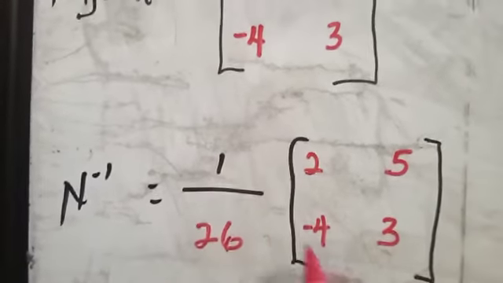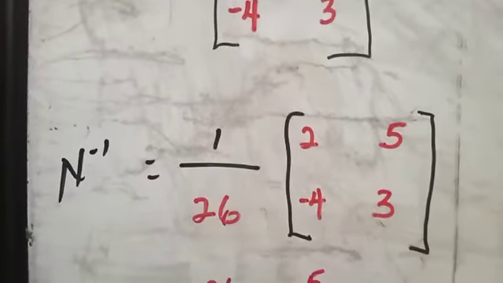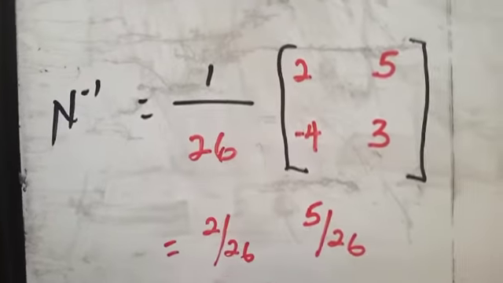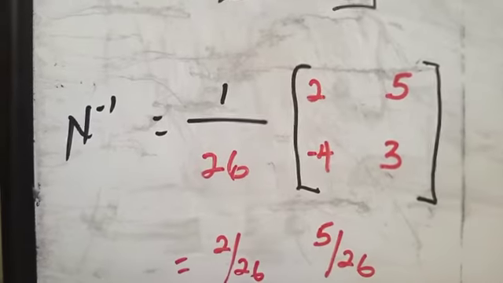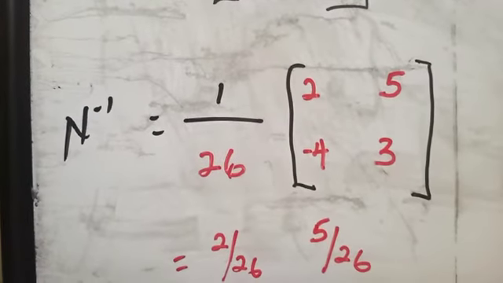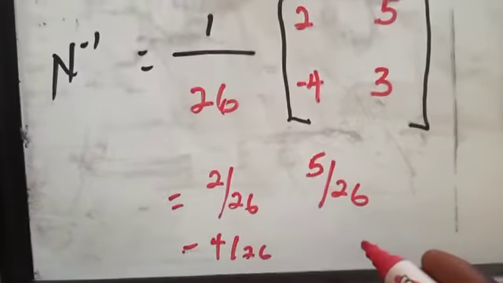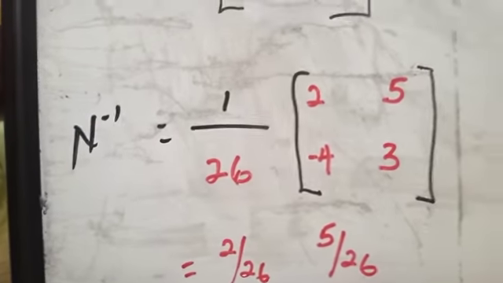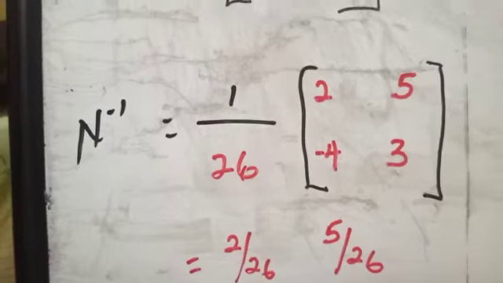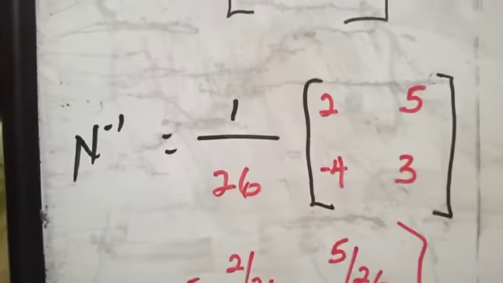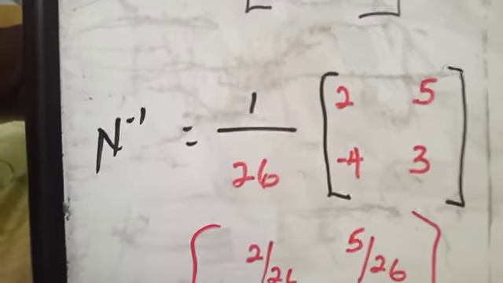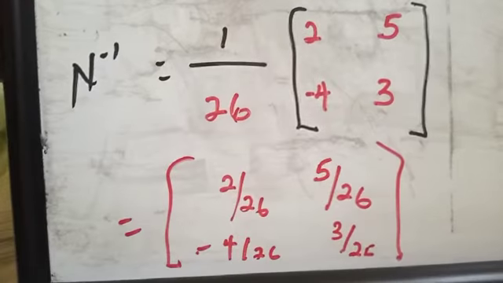We are also going to have 5 over 26, and then down we are going to have negative 4 over 26, and then at the second part we are going to have 3 over 26. So this thing here, you can easily reduce it, right? So let's reduce this matrix to the simplest form.